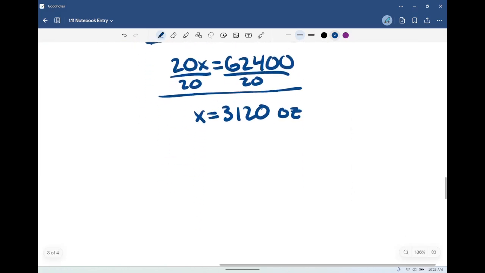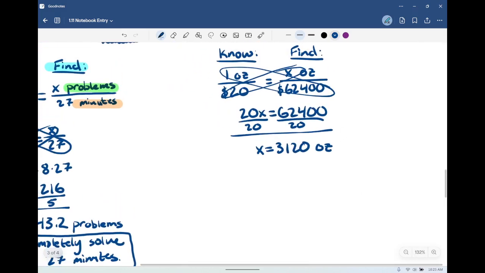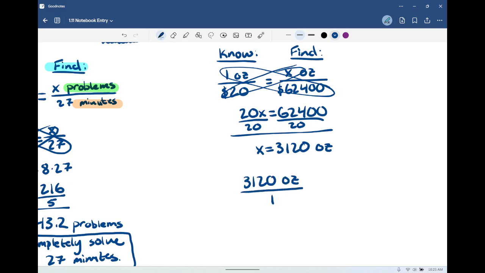It's just a matter of setting it up. When we set up a unit conversion, we're always going to have the number or value that we are trying to change. 3120 ounces. That's just over 1. I'm putting it over 1 because we're going to set this up as fractional multiplication to be super clear about this.